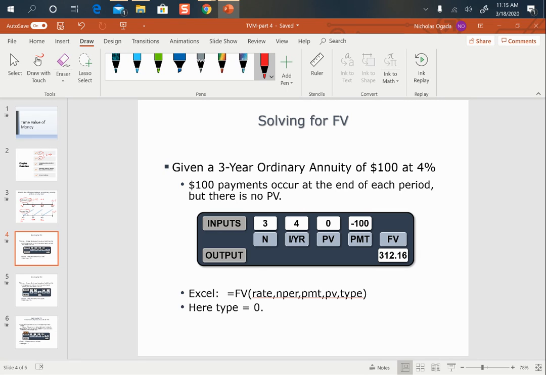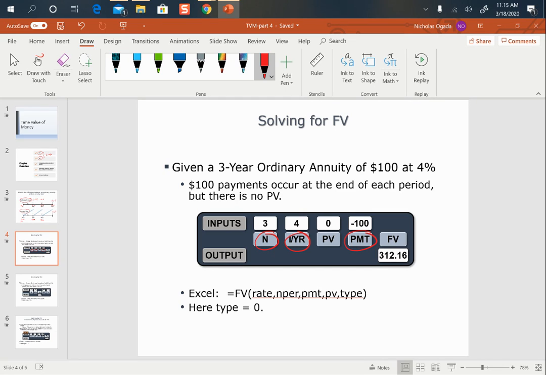If you use a financial calculator, you're just going to input all the variables you've been given. The payment is $100, so for the payment you enter $100. The rate you enter as 4%. The number of periods we know is 3 years. The present value we set to 0, because we're looking for the future value.